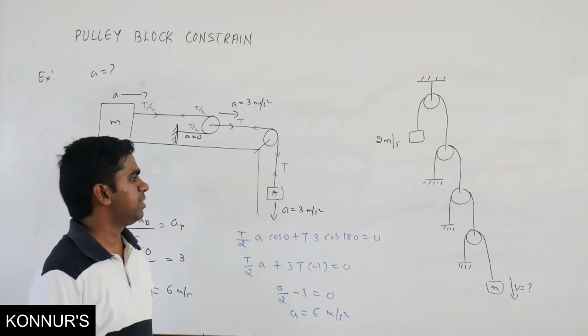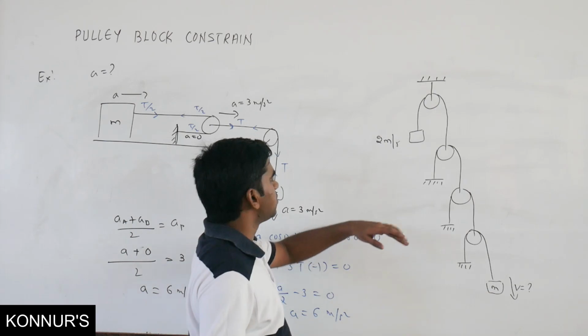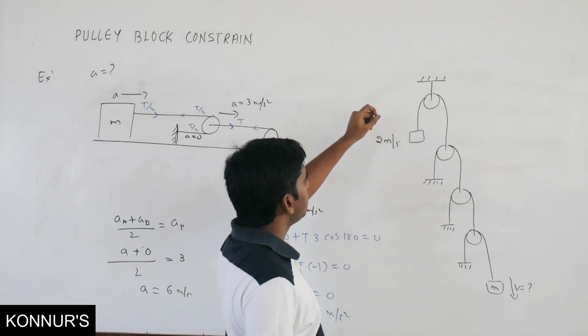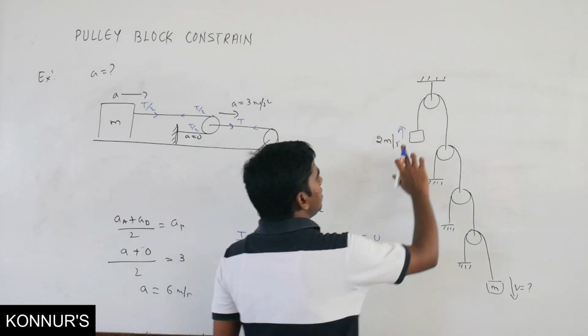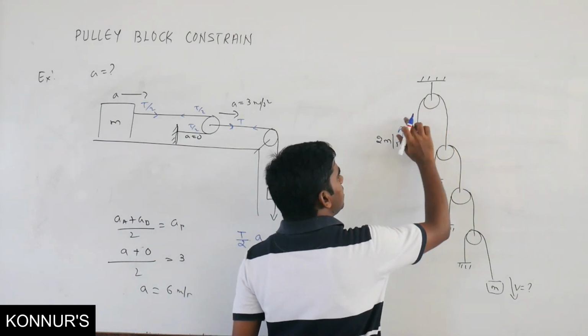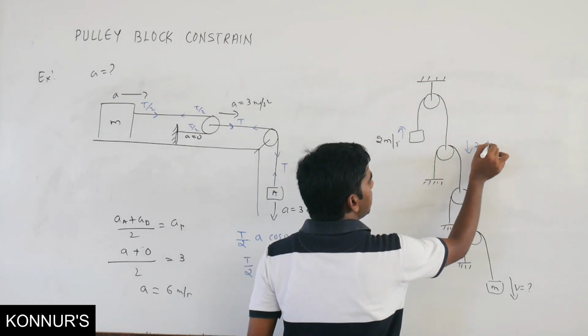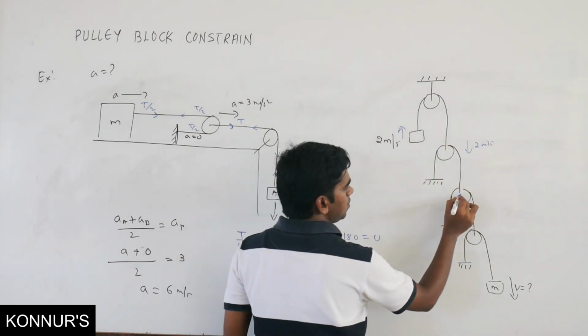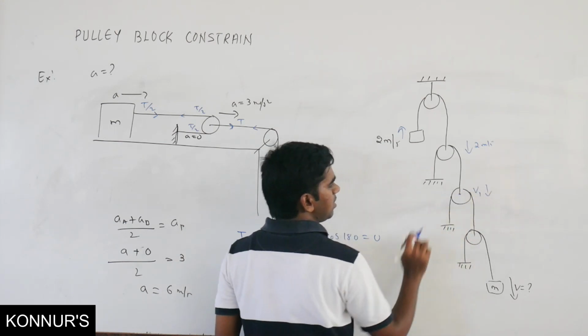So here how can you apply it? If you use your pulley method, it will take a long time, but you can use it also. Suppose this is moving with velocity 2 meter per second in the upward direction. Then this pulley is also moving with 2 meter per second in the downward direction. You can take this as some V1, also moving downward.